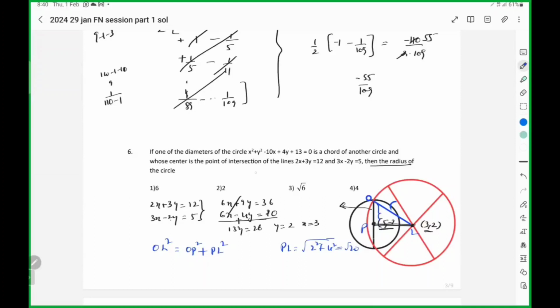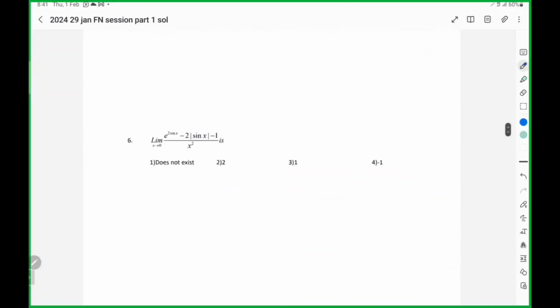The radius is 25 plus the given circle radius, 4 plus 13... 29 minus 13 is 16, root 16 is 4. So OP² is 16, PL² is 20, OL here is 6. That is the radius of the circle.